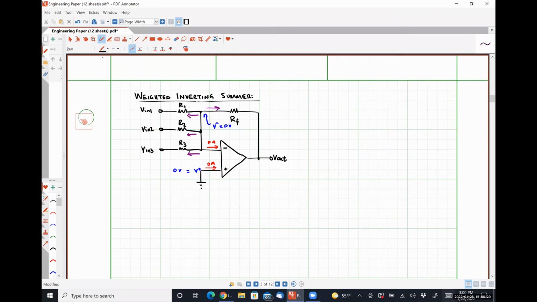And so this is going to look like negative VN1 over R1 minus VN2 over R2 minus VN3 over R3 minus V out over RF is equal to 0, which I can rearrange as V out is equal to negative RF multiplied by VN1 over R1 plus VN2 over R2 plus VN3 over R3.